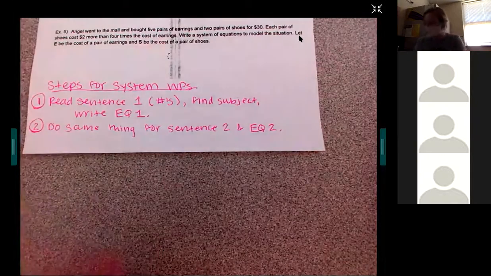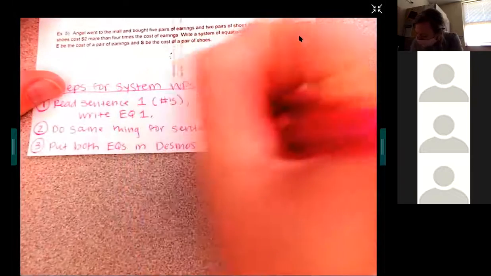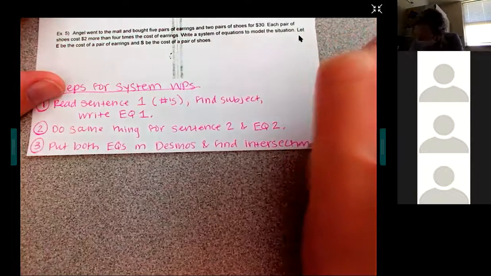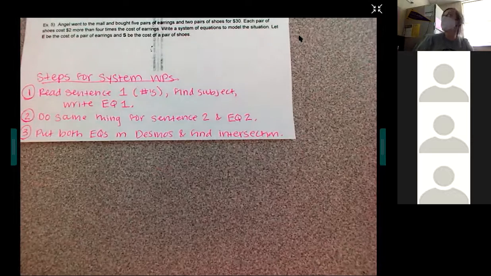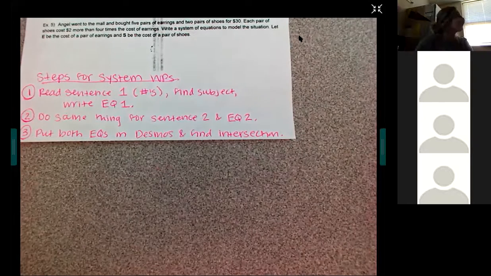So step 3 is to put both equations in Desmos and find the intersection. Those are your only notes for today. And then we've just got some examples.